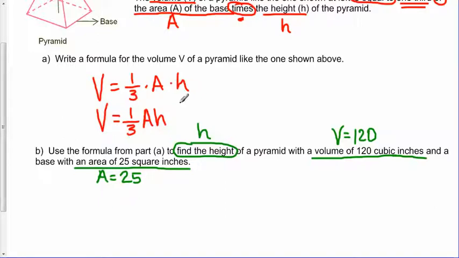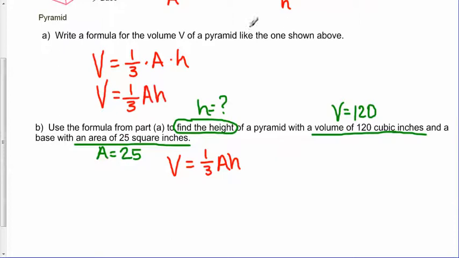Let's put all of these values into that formula and find the value for h, because we don't know what h is. They're telling us to find it, so I'll put a little question mark for us here. Our formula that we were using was V equals 1/3 AH. Let's put in the values that we were given. We'll put in our value of 120 for the V, and then keep copying down the pieces of information that we have.